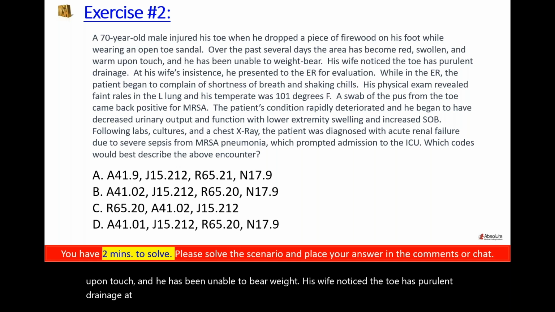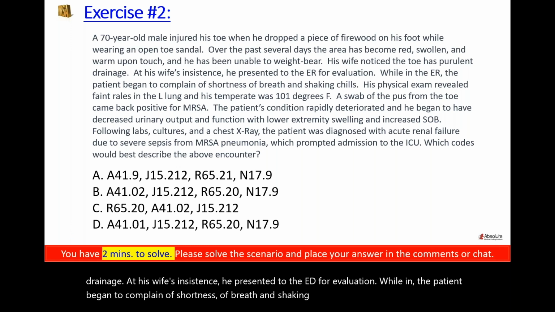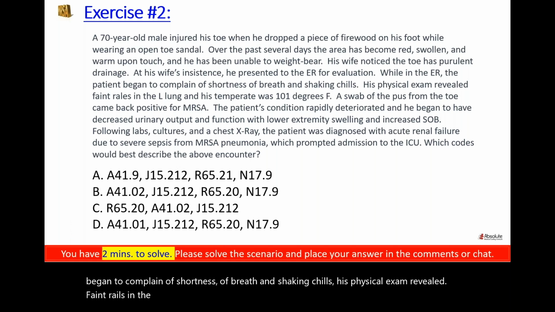At his wife's insistence, he presented to the ED for evaluation. While in the ER, the patient began to complain of shortness of breath and shaking chills. His physical exam revealed faint rales in the left lung, and his temperature was 101 degrees Fahrenheit. A swab of the pus from the toe came back positive for MRSA.